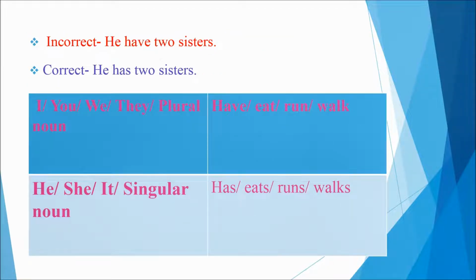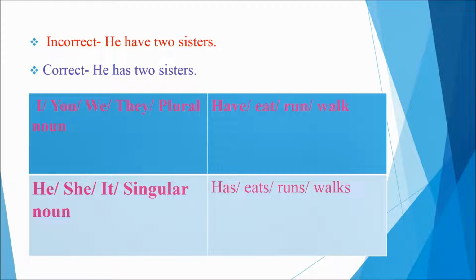Now look at the first sentence. He have two sisters. Is that correct sentence? No. The correct sentence is he has two sisters. The rule is that if the subject is I, you, we, they or any other plural noun, then we use the verb in its present tense form and we don't add s to the verb.